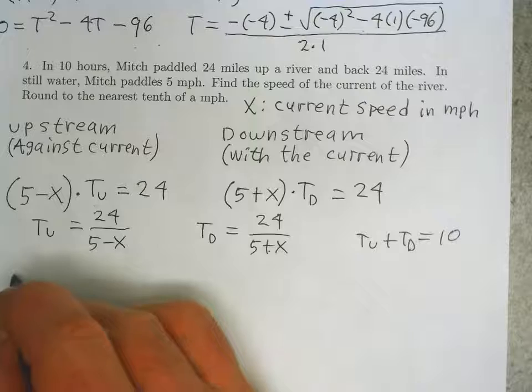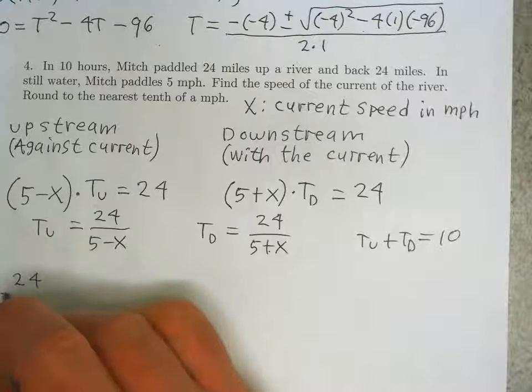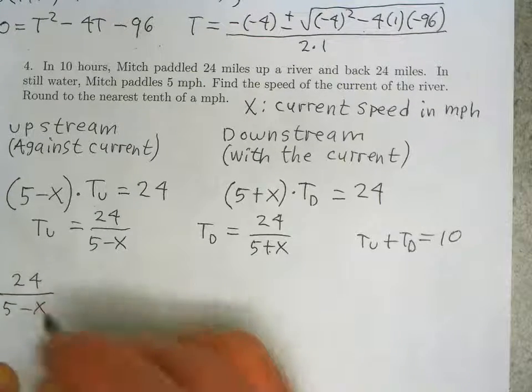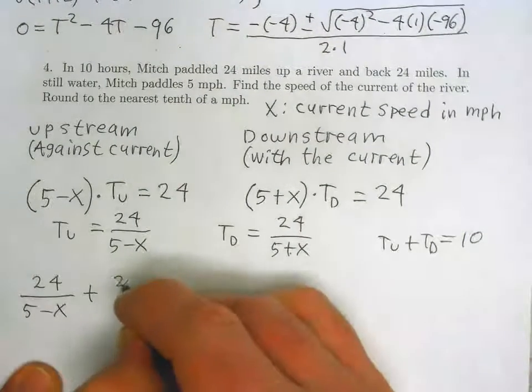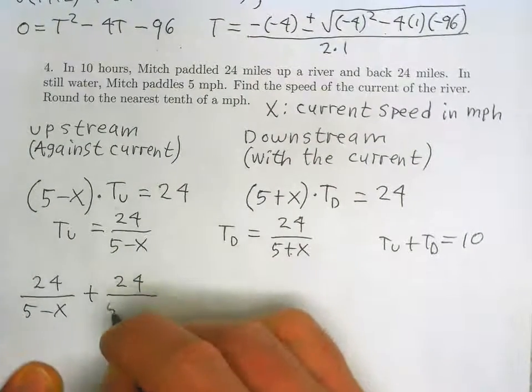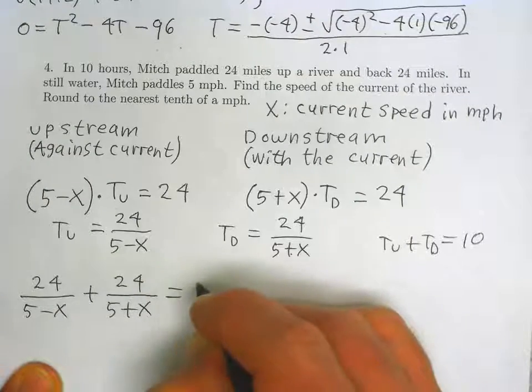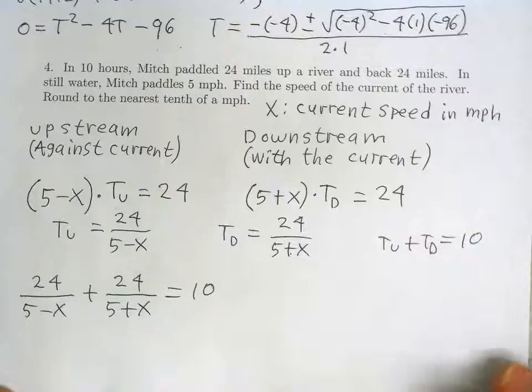So that will give us our equation, 24 over 5 minus x plus 24 over 5 plus x equals 10. This is our equation whose only variable is x.